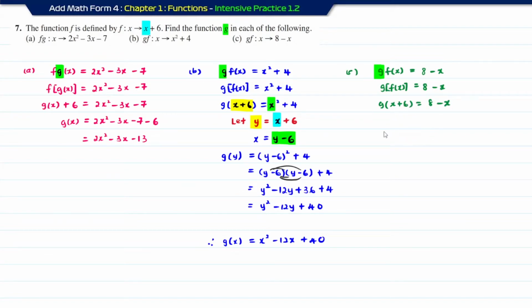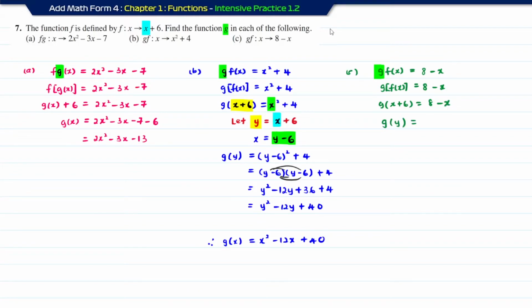Now from here we need to find the inverse function. In this case, our function f is the same, so you're going to have the same inverse function here. We're going to just use the inverse function that we found in question B to solve for C. So from here, this x plus 6, we're going to replace it with y.